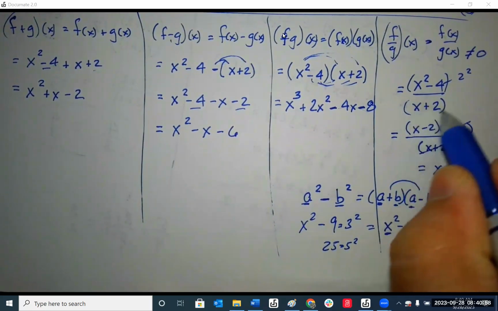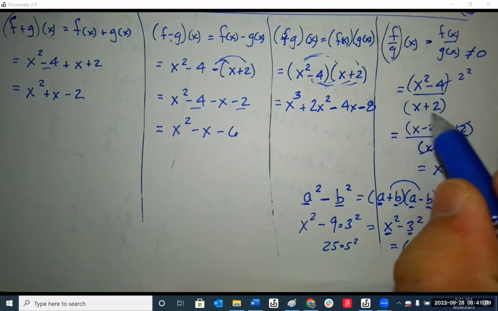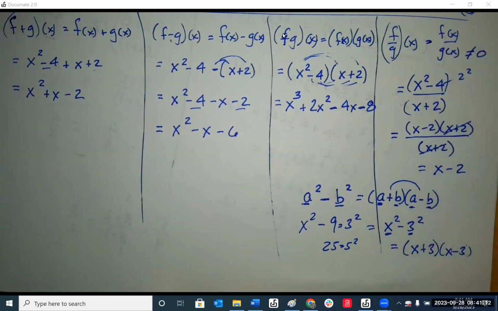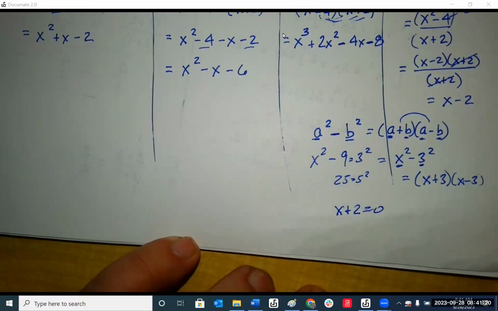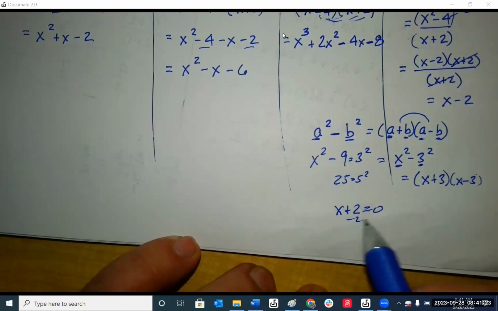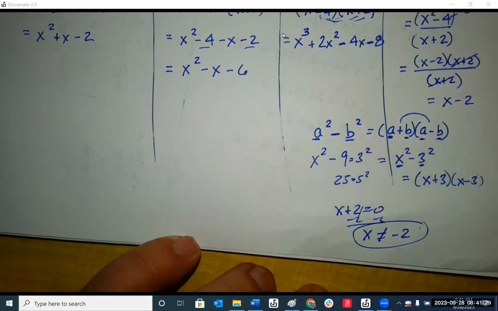So in this case, if the bottom is x plus 2, what x can we not use? What x will make the bottom 0? Take your bottom number, set it equal to 0. Subtract 2 from both sides. So x cannot equal -2. That's the only restriction we have on that last equation because we have a fraction, and you cannot have a zero on the bottom.